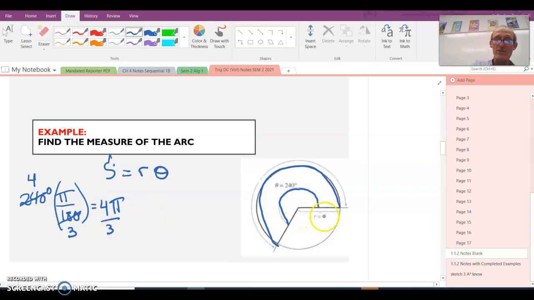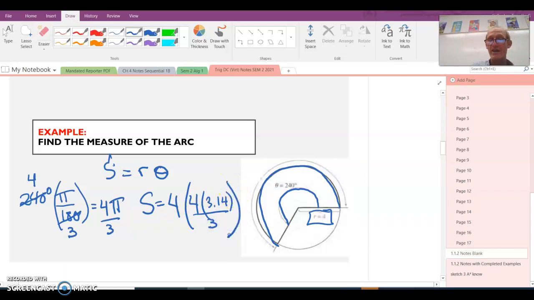And the radius of the circle is 4. So the measure of the arc is equal to 4, which is the radius, times 4 times 3.14 divided by 3. So what is that going to be?